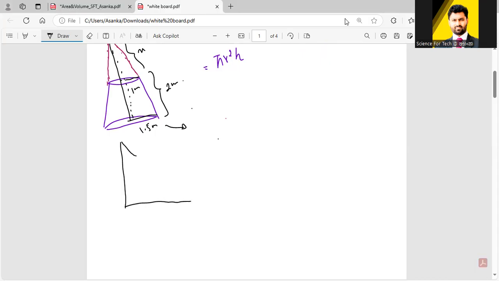Now I'm doing the substitution part. This is a 90-degree angle. We have done plenty of calculations from this, so I'm sure you know how to calculate this.